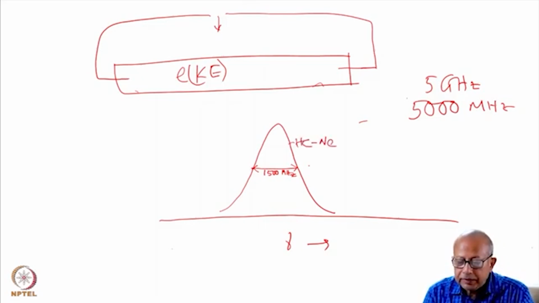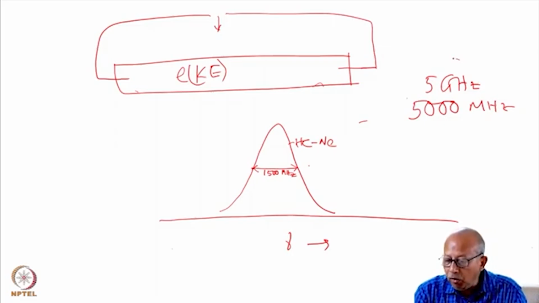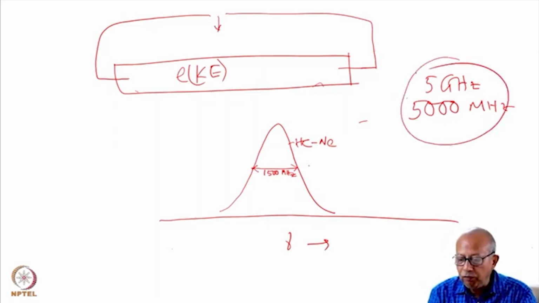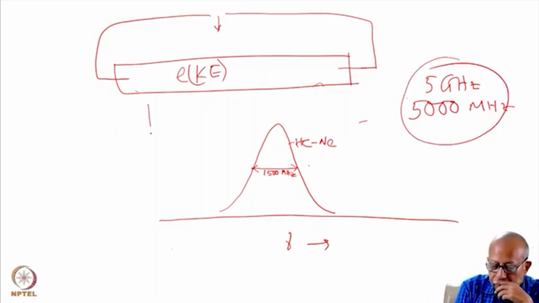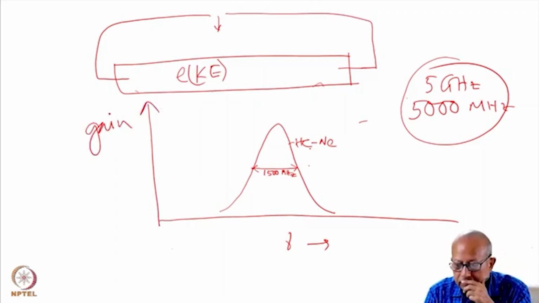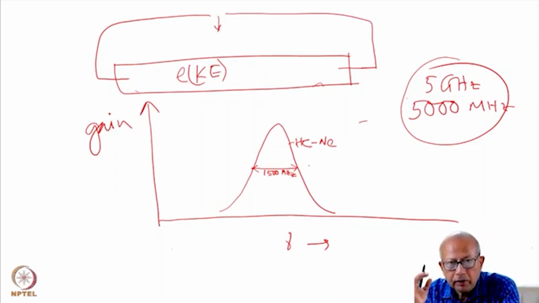So in this, if we plot the gain of argon ion, so this is the gain. This is for helium-neon laser. Now let us plot the gain of argon ion laser, normalized gain.